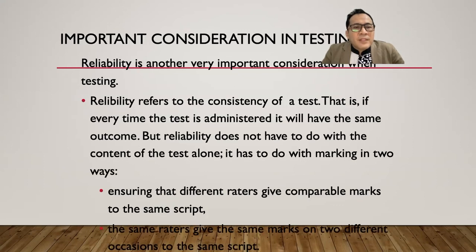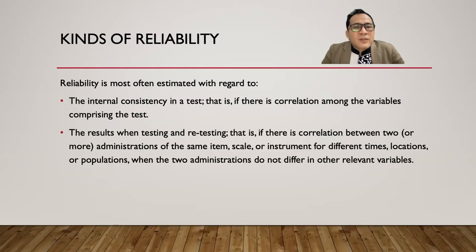And reliability, I think reliability is the consistency, and there are two kinds of reliability: internal reliability and external or inter-rater reliability. Internal means you correlate the results of the test. For example, you have a test or assessment and you give it to one group of students today, and then you get the scores.